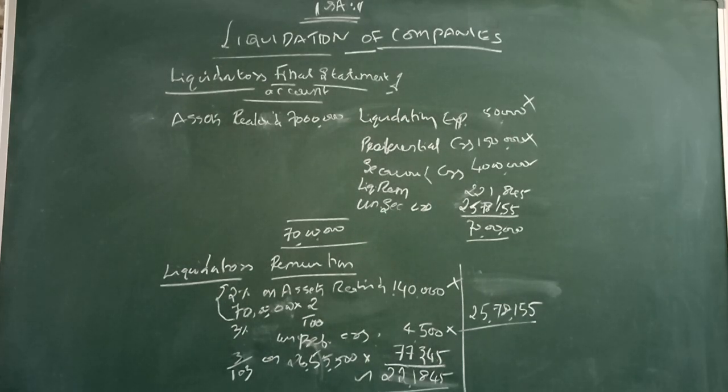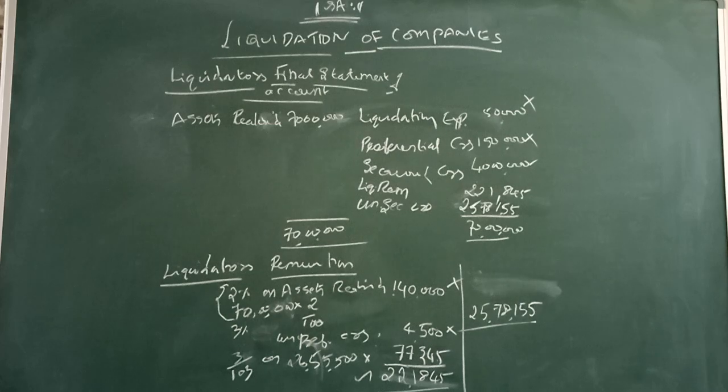Here, the main thing is cash receipts. How will the company receive cash at the time of liquidation? Simple, when assets are realized. You are trying to understand how the company will get the amount at the time of liquidation.